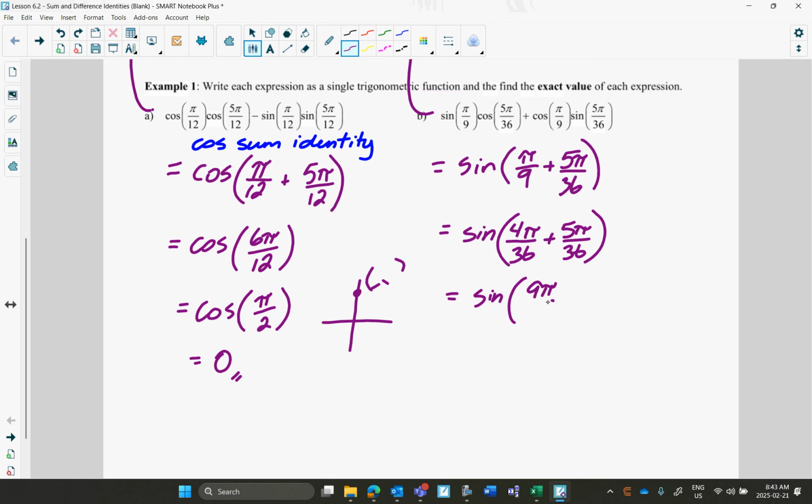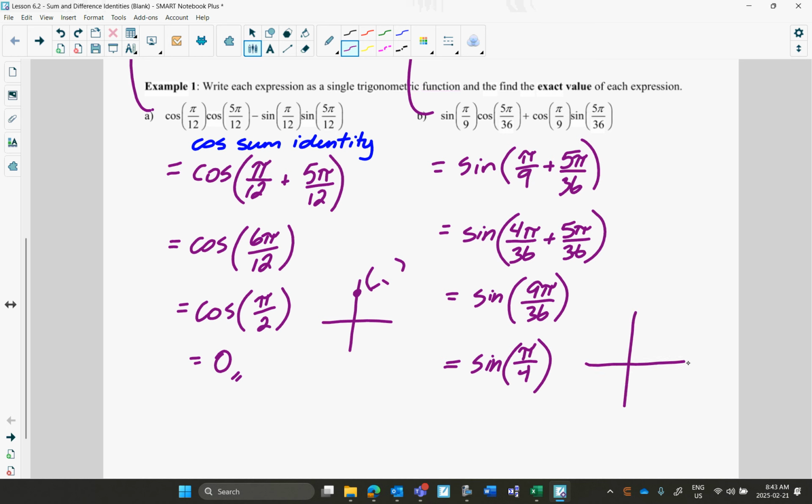Still not an angle we're familiar with on the unit circle, but I can reduce it. What can I reduce it to? Pi over 4. Now I can use the unit circle to find that one.